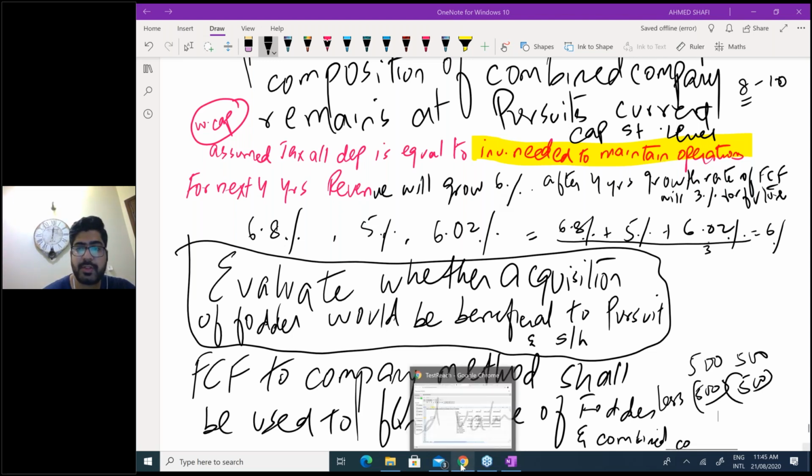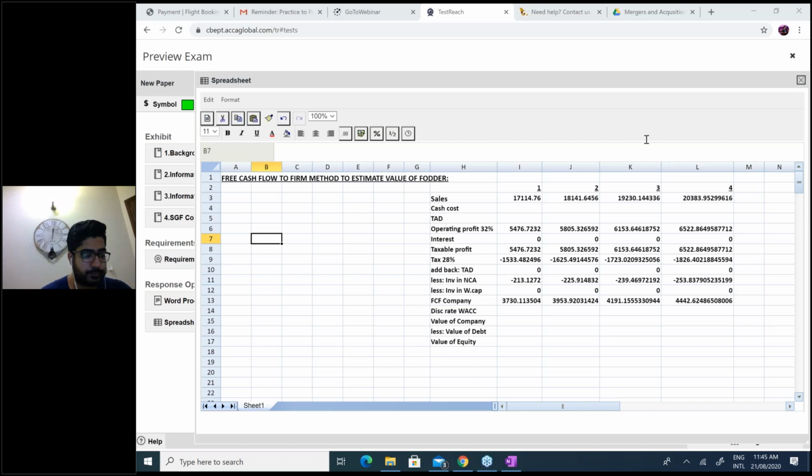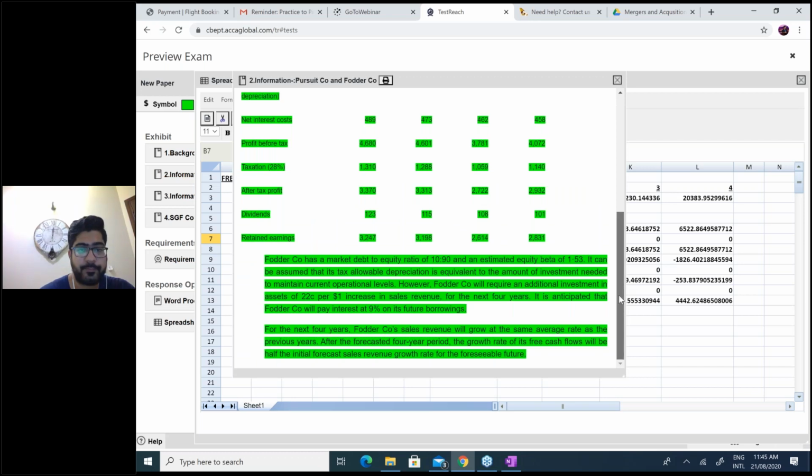Now, if we go to the question, look at the last paragraph. For the next 4 years, Fodder's revenue will grow at the same rate as previous years, 6%.